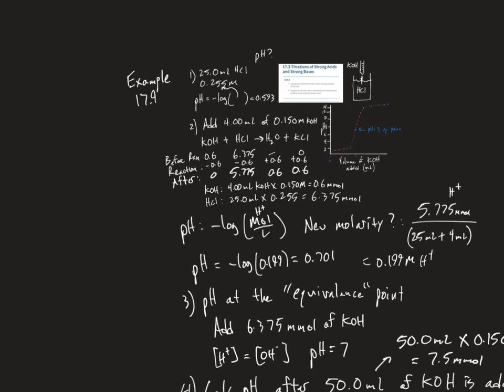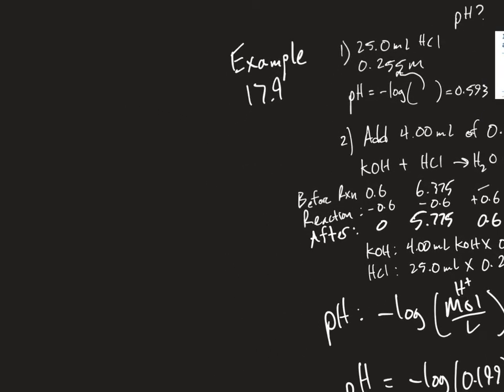So what you should do next is go into the book, go through that example if you'd like, but you should be doing practice problem 17.9 and go through that one on your own, and they have an answer key for there as well.